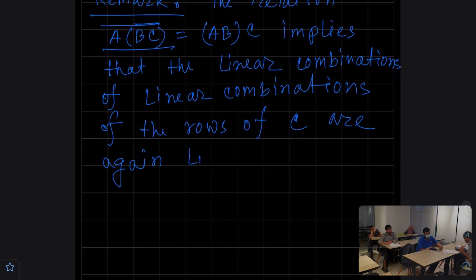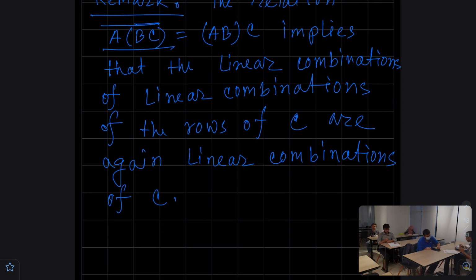Why? Because on the right hand side, AB is a matrix multiplied by C, which means I take the linear combinations of the rows of C, right?